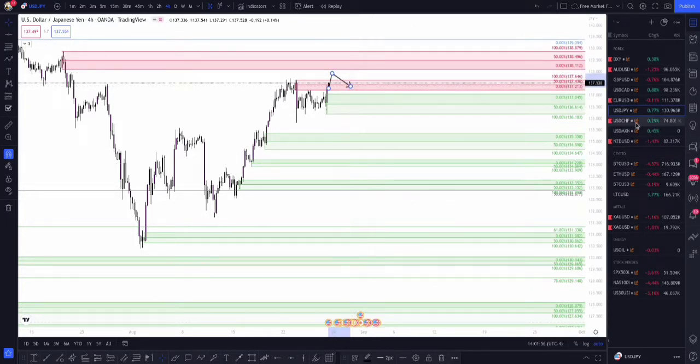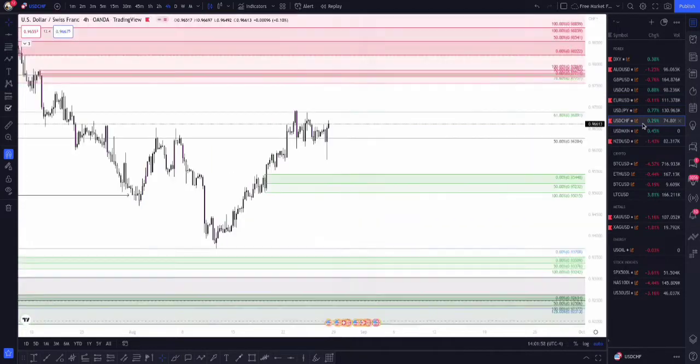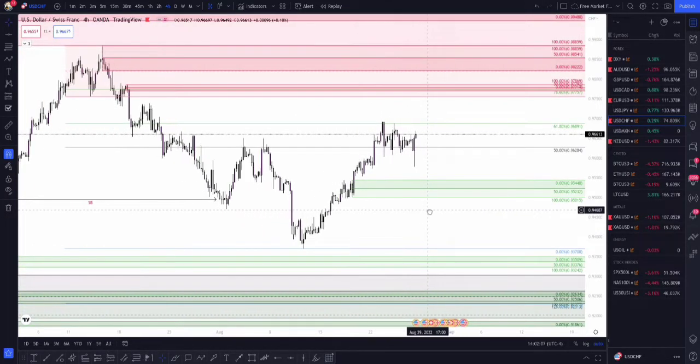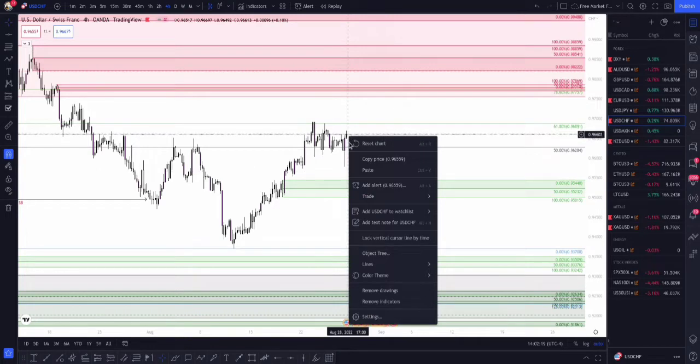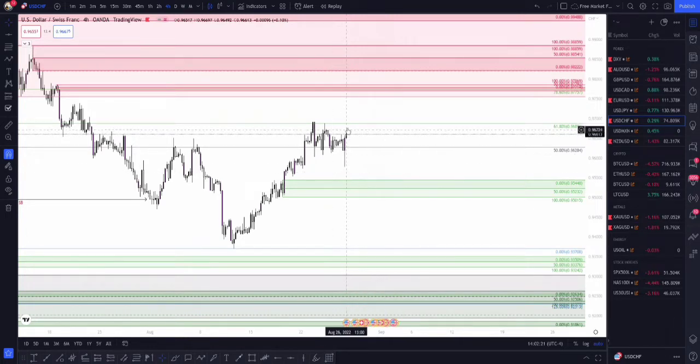Okay, USD Swiss, we have more short positions reported. We are currently on an uptrend. We did have this 4-hour demand tapped into and respected from the onset.